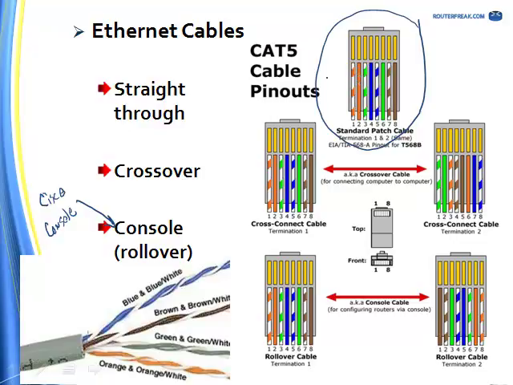And really the difference between 568A and B, if you look here, this is 568B. This one here is 568A. If you go B to B, you have a straight through cable. If you're going B to A or A to B, then you're doing a crossover cable.